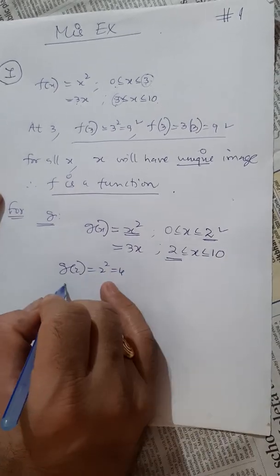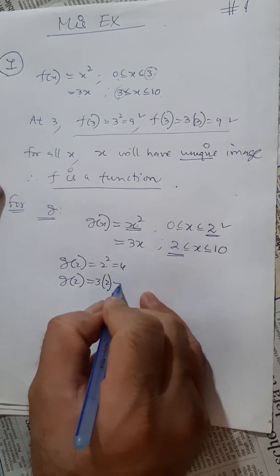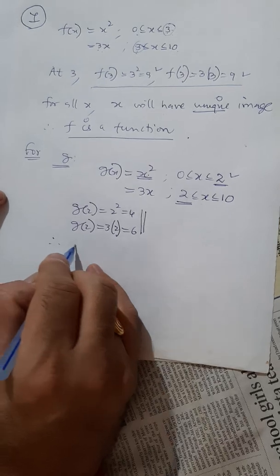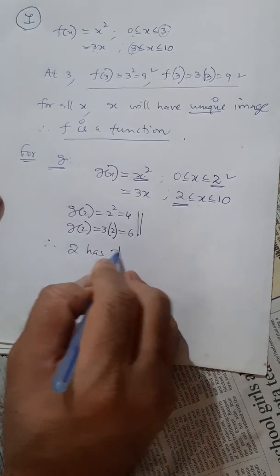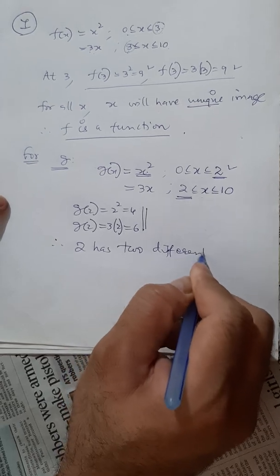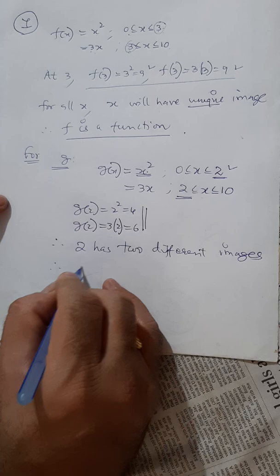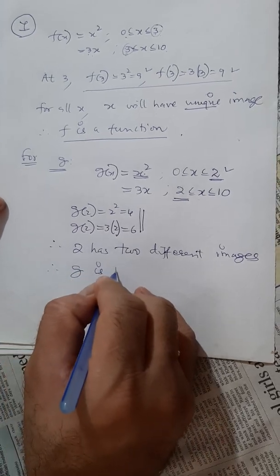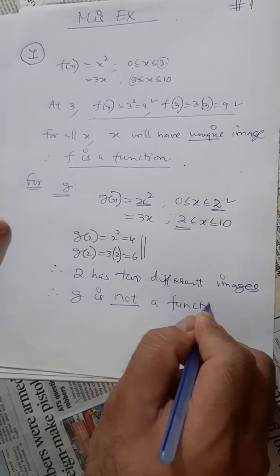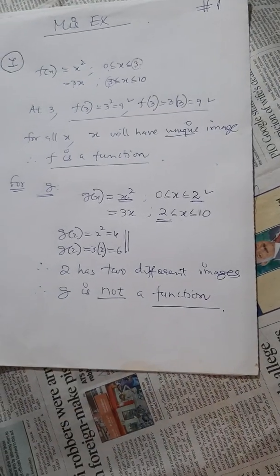If I use the other formula, 3 into 2, which is 6. So 2 has two different images, and therefore g is not a function. It's just a relation, not a function.